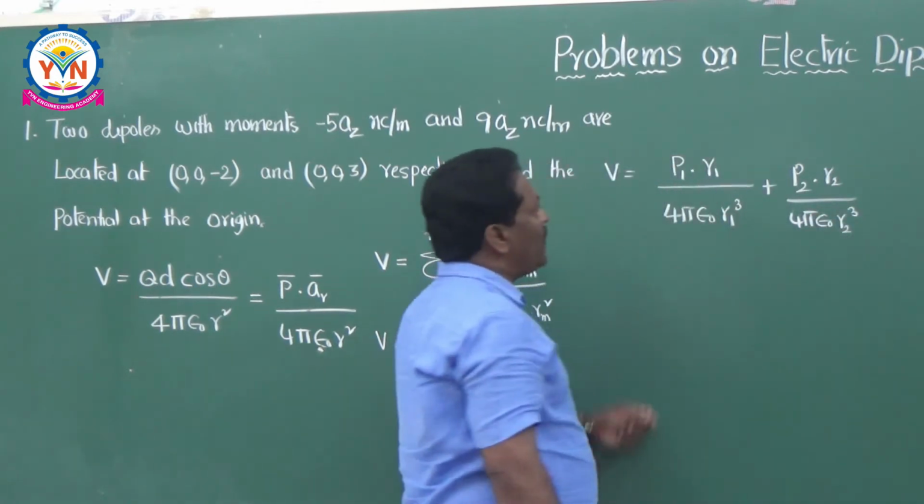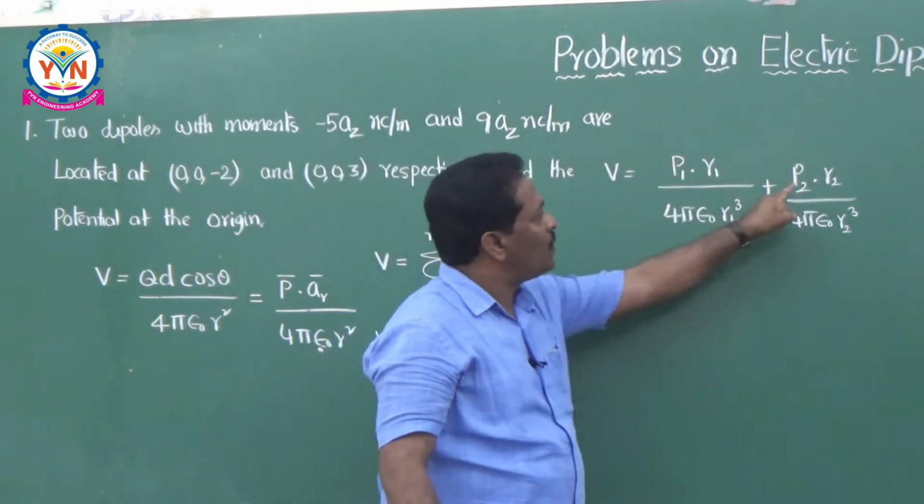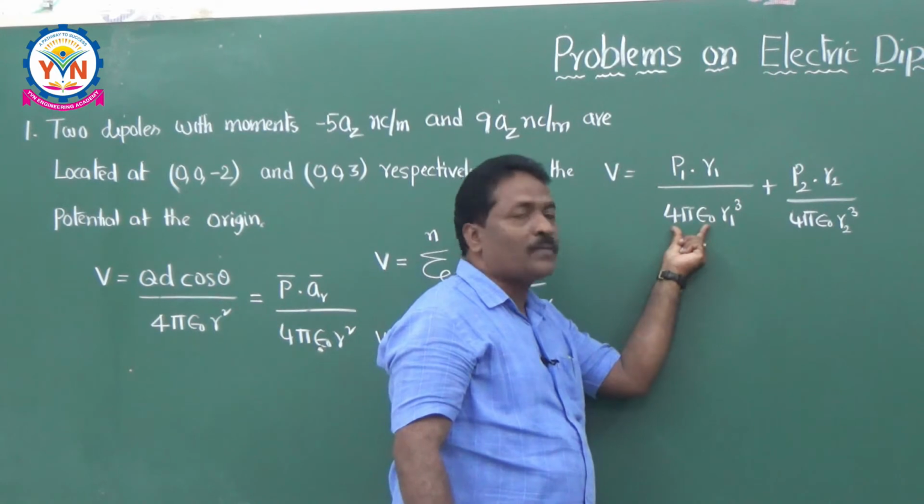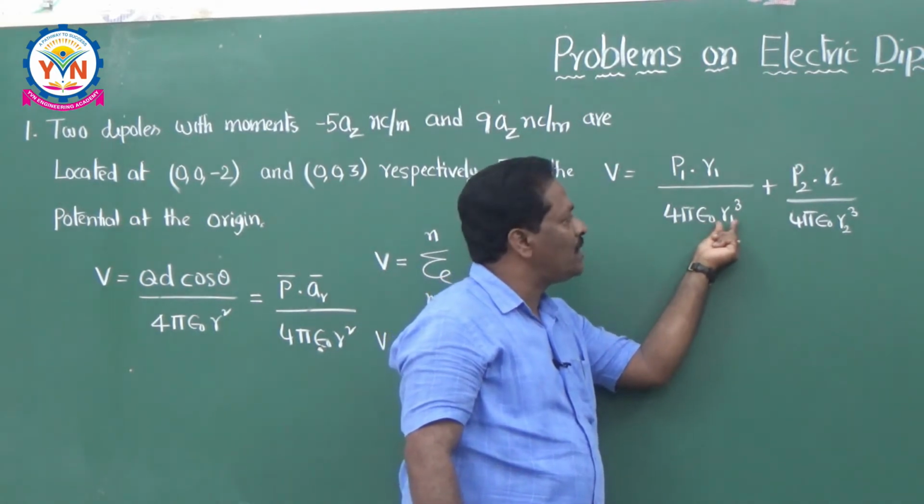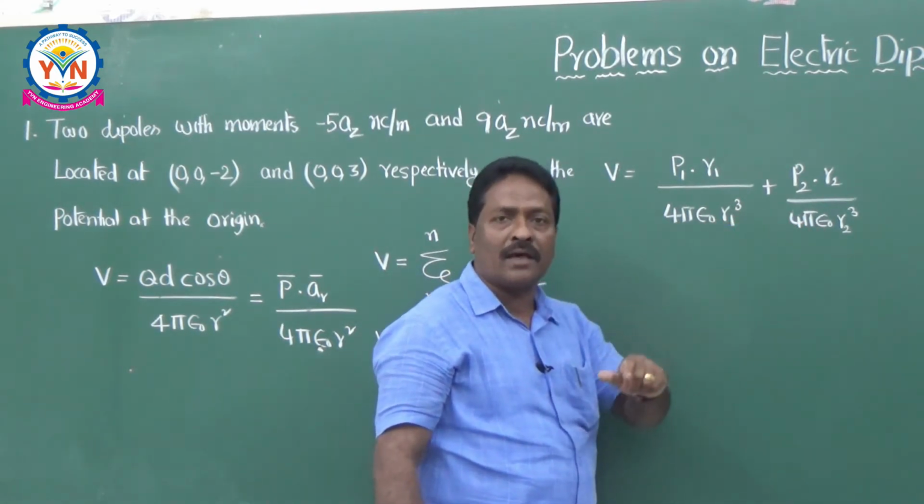Here you know P1 and you know P2. In the problem, 4 pi epsilon naught is a constant, so the only thing is you have to find out what R1 and R2 are.